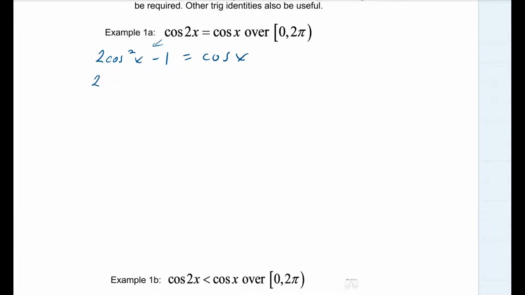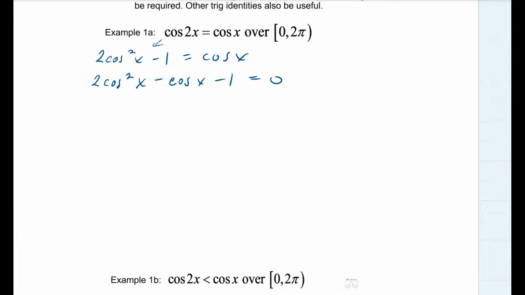And so we're going to bring over the cosine of x to the left side of the equation by subtracting it like this. And at this point, we can see a quadratic form: 2 cosine squared x minus cosine of x minus 1. If you think about it, if we were to do a formal u substitution, we could say u is cosine of x.